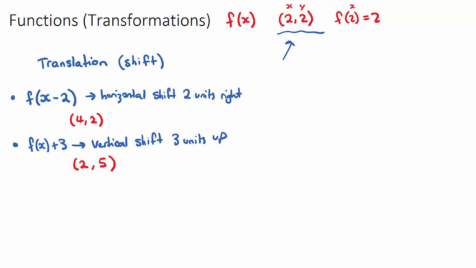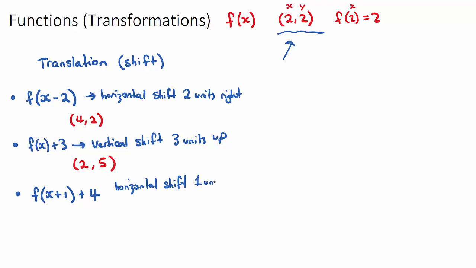Now you can have a question where they have both a horizontal and a vertical translation. For example, f(x + 1) + 4. This is the horizontal translation, and this is the vertical. So this will have 2 translations. It'll be a horizontal shift, and this will be 1 unit to the left. It's the opposite to what you think.